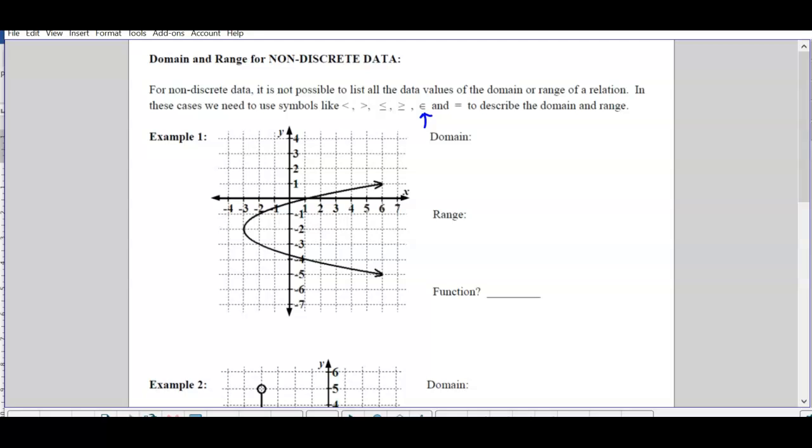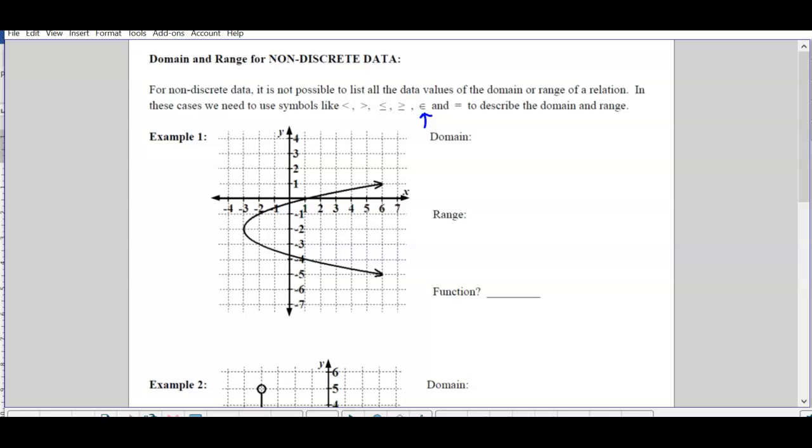Just so you're aware, some of our answer sheets in the Schoology site may not have the entire domain or range set out completely, because it used to be that Alberta Education was a little bit more lenient, but now it's not. That's why you'll see full domain and range in this video.